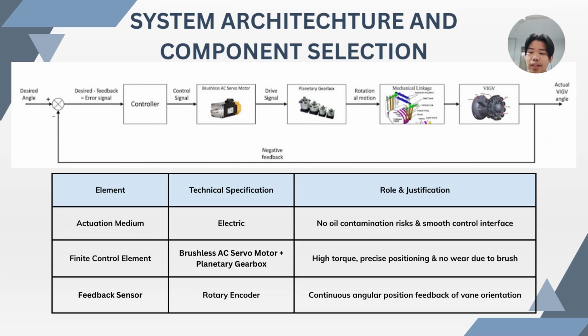This pair provides high torque delivery, exceptional positional accuracy, and long operational life due to the absence of brush wear in the motor. And then finally, for our feedback sensor, we selected a rotary encoder, which can deliver continuous, high precision angular feedback of the vane orientation to maintain accurate closed loop control. Now, I will hand it over to Shafiq to cover our I/O mapping and interface design.